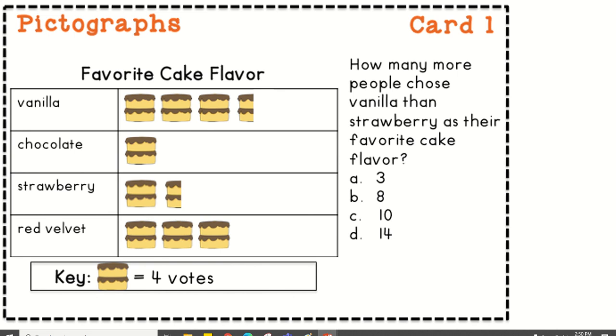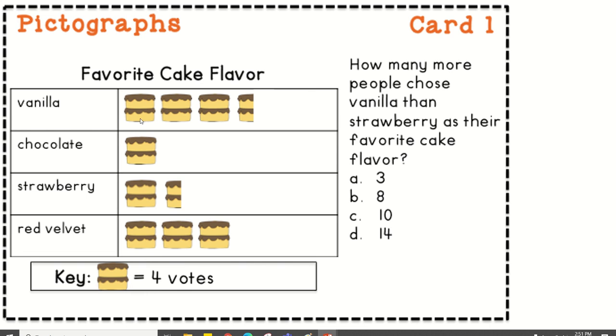Let's look at this pictograph next. Now, what I like to do is count how many of each there are of something. So for example, if I know that 1 cake represents 4 votes, I can count by 4s.